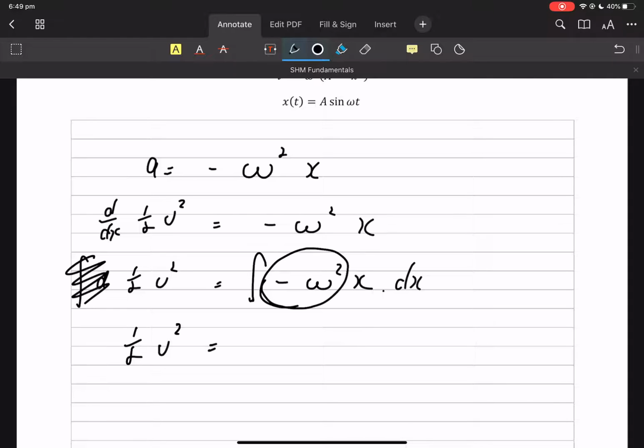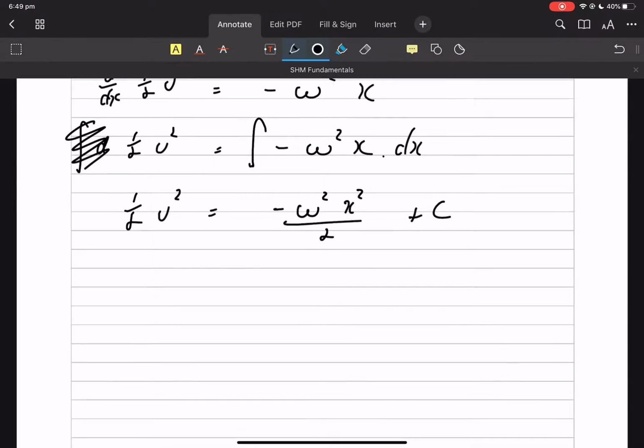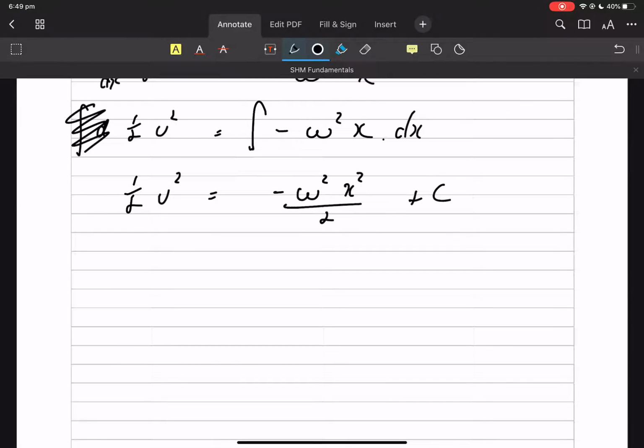It's a negative number, but it's just a number. So when we integrate it, it's x squared on 2, and we've got to add a constant. Okay, let's get rid of the 2. Multiply everything by 2. A constant times 2 is actually still just a constant, so that's okay.